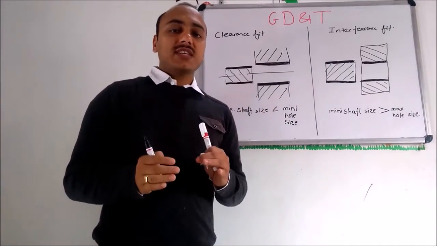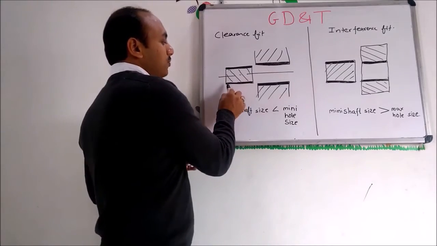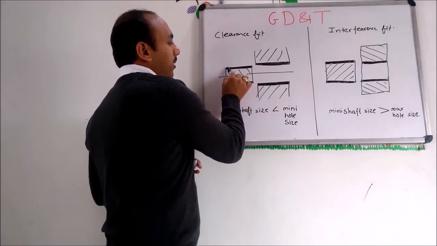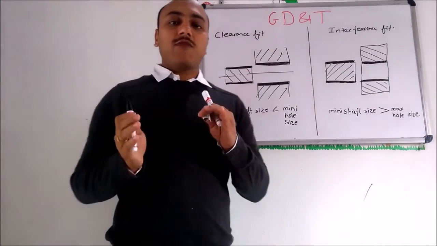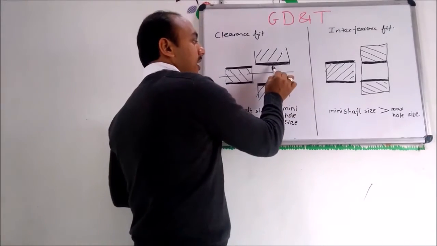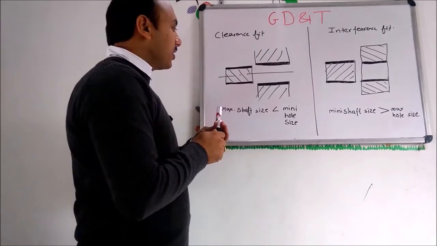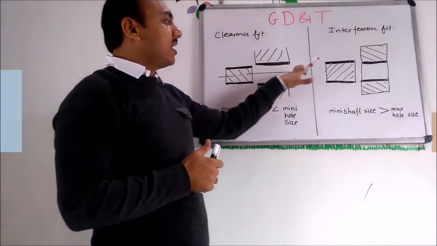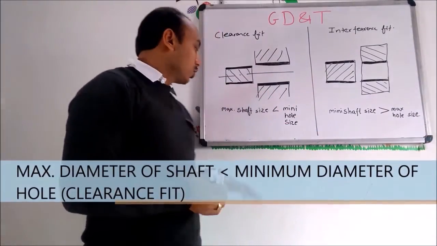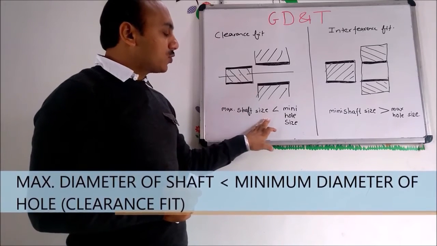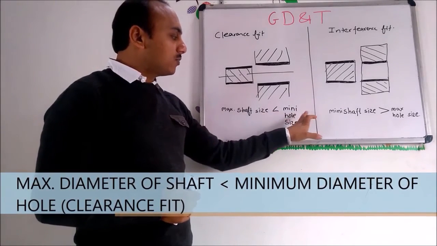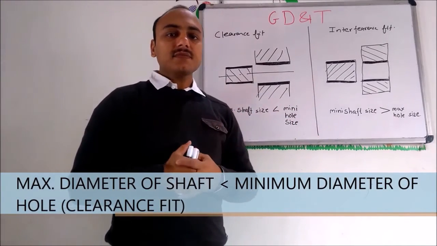So in the worst case scenario, if the shaft is manufactured with a bigger diameter and the hole is manufactured with a smaller diameter, in that case also for clearance fit, the diameter of the shaft should be smaller than the diameter of the hole. So maximum shaft size should always be less than minimum hole size.